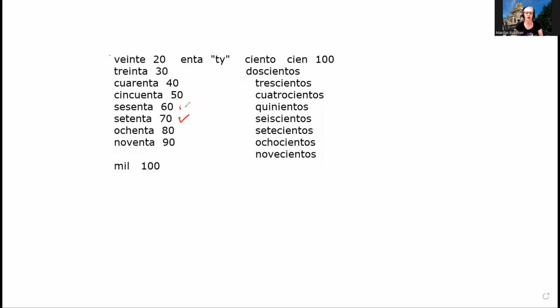See? Those two are very, very close in pronunciation. They are only different by one letter. So you have to listen very closely for 60 versus 70.